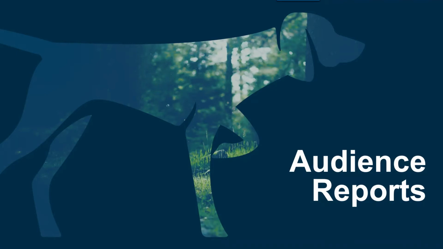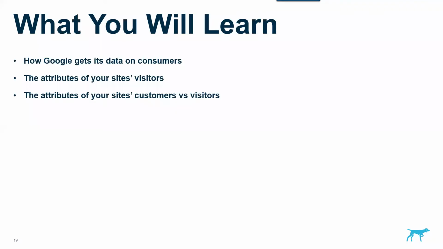in GA. But we'll carry on, and this is where the real insight comes into play across all the following reports. First one we'll look at is audience reports. A bit on what you will learn, on what kind of data you'll get from this section.